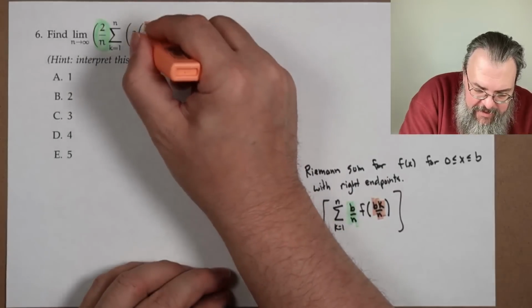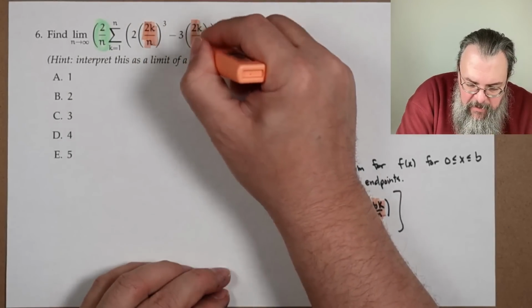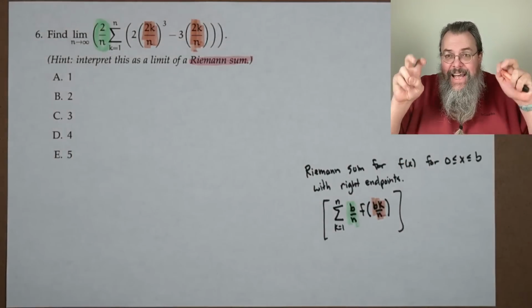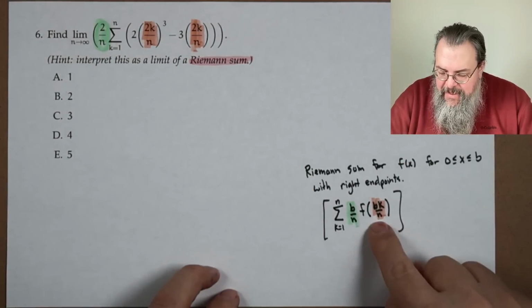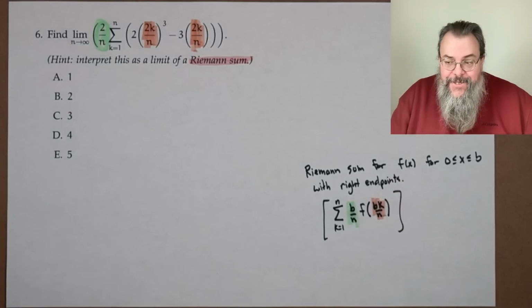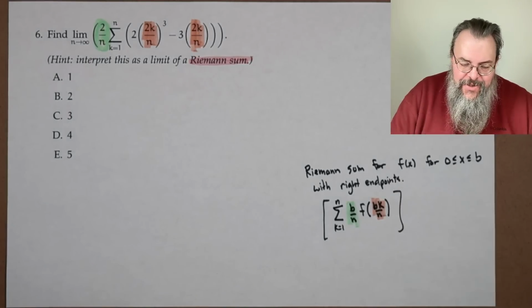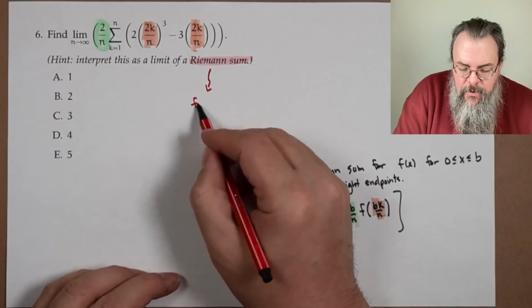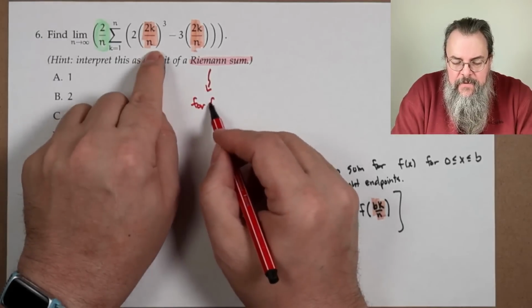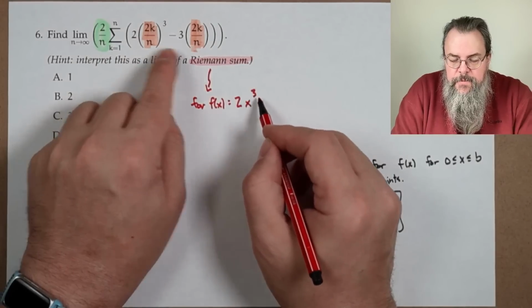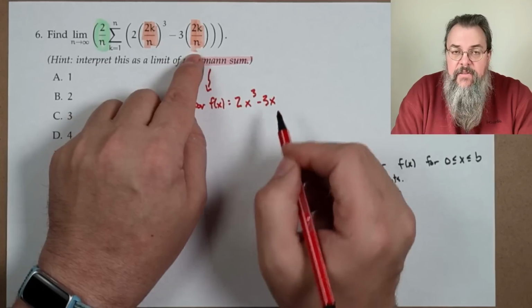You say, well, that's like here and here. So think of that as your x. See how that is like f of this, f of x? What is our function? So this is a Riemann sum for f of x, which is 2x cubed minus 3x.